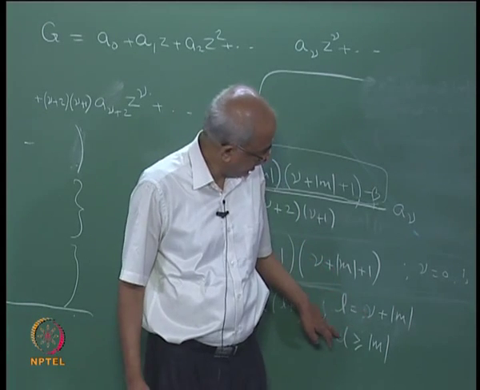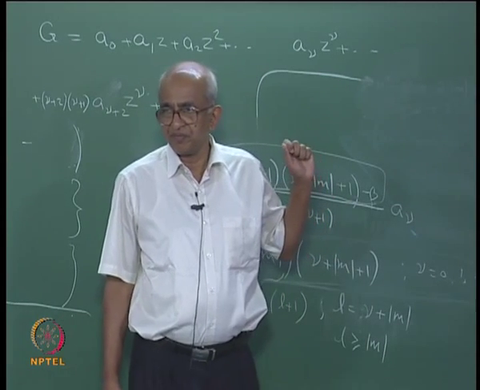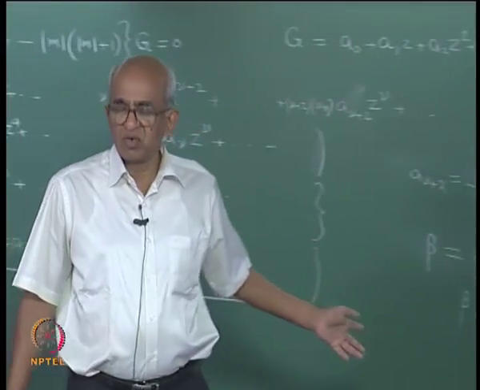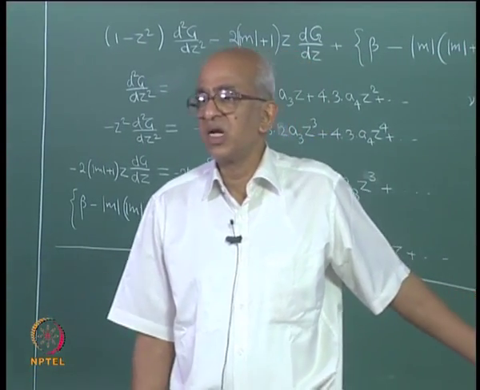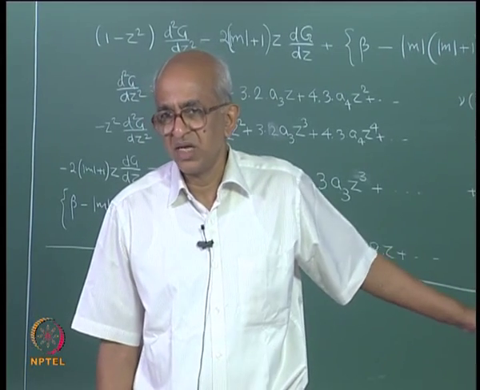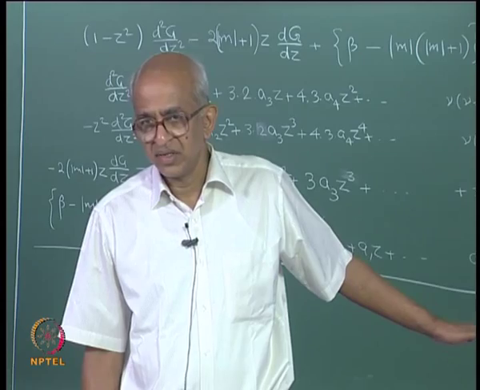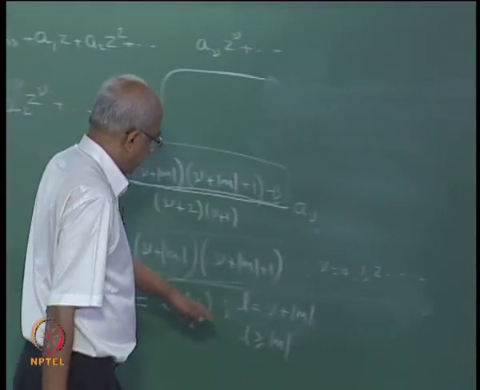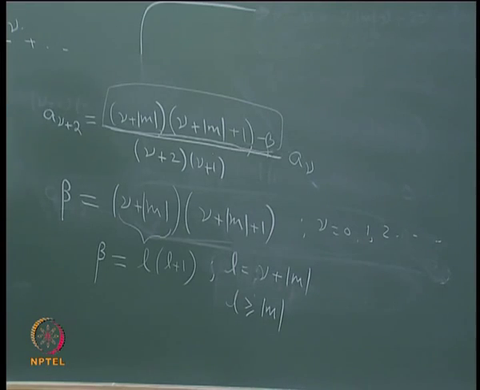So, therefore, L has to be greater than or equal to the magnitude of m, and you would probably realize that this L is nothing but the azimuthal quantum number that you might be familiar with, right, and m actually is the magnetic quantum number, and if you remember what you have studied in previous classes, L and m have to satisfy this condition.